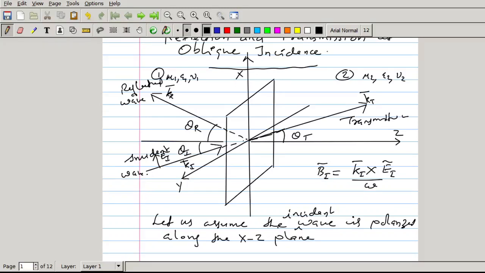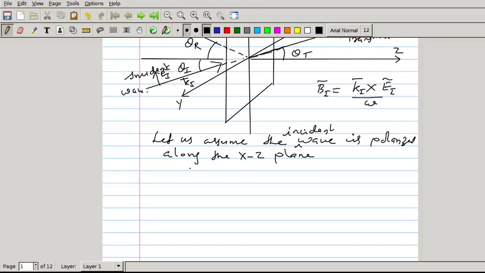The direction of the electric field vector is in the xz plane, and the direction of the incident wave vector is also along the xz plane. So ki and Ei are along the xz plane.